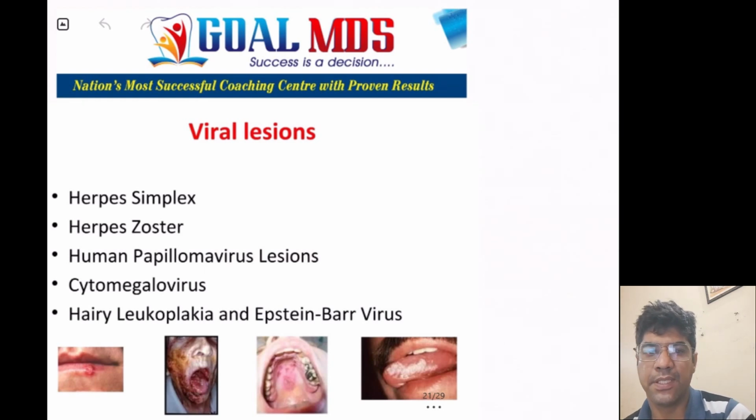Oral warts caused by human papilloma virus can develop in the mouth and throat. Kaposi sarcoma is a cancer often associated with HIV infection. It causes reddish or purplish lesions in the mouth. Cytomegalovirus can cause ulcers and painful sores in the oral cavity.